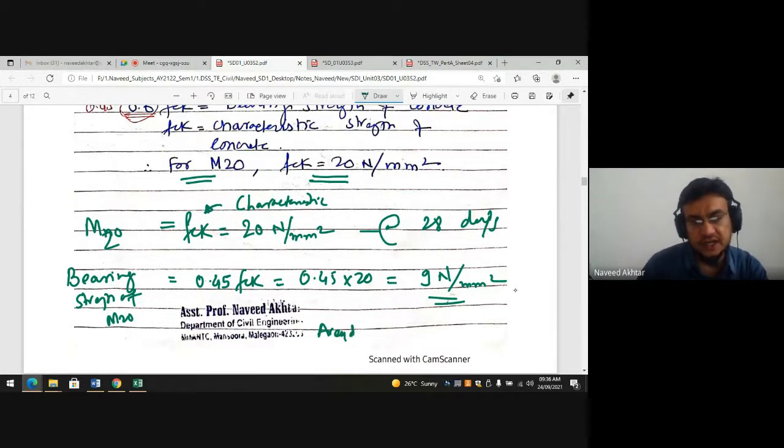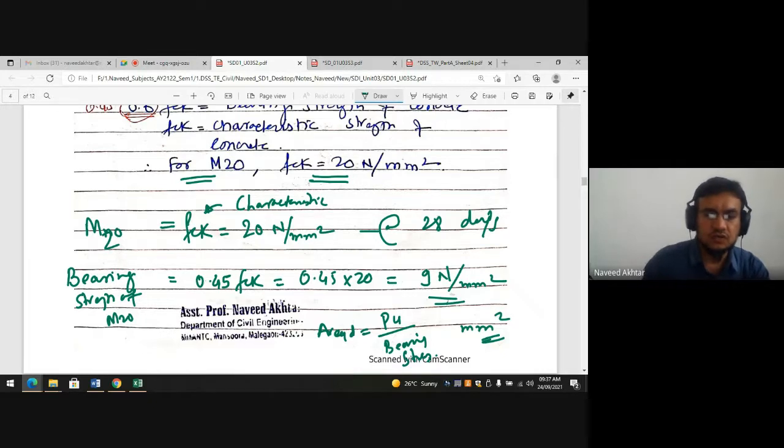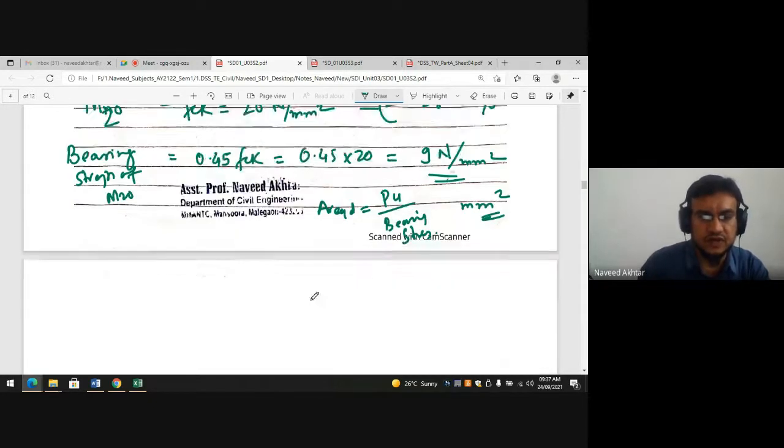Area required is nothing but the load divided by the bearing strength, which gives the area in square. So from that you know the area required.